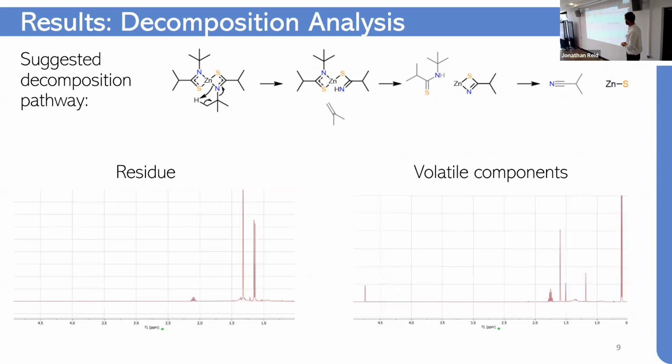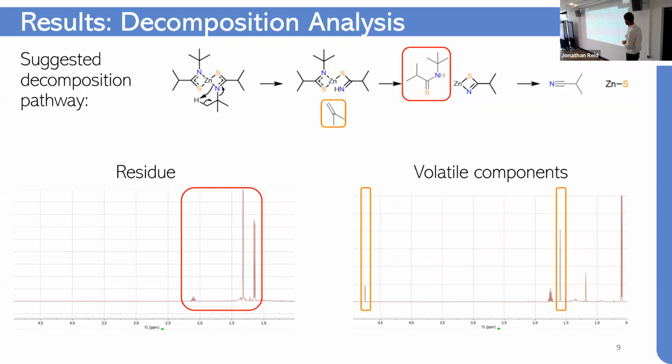In order to take this a little bit further, I did another study where I simply took this precursor, heated it up, caught what volatiles were booted off, and did an NMR of the residue and the volatile components. It was really nice, as I had a residue which corresponded perfectly with the ligand that gets booted off, and volatile components that correspond to the alkene and the nitrile, which I was really happy with.